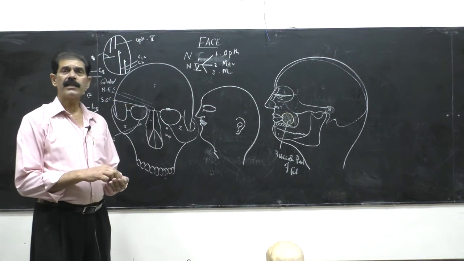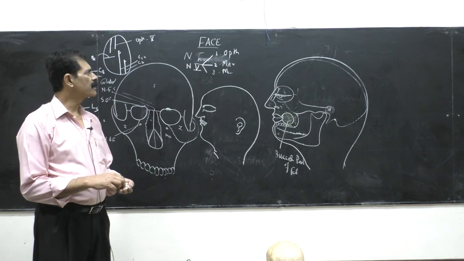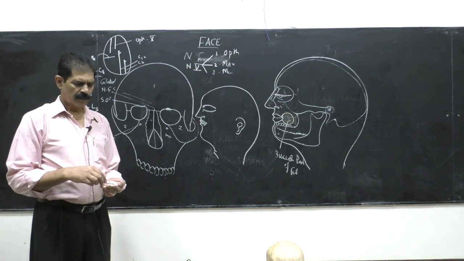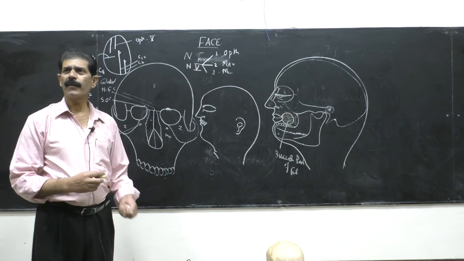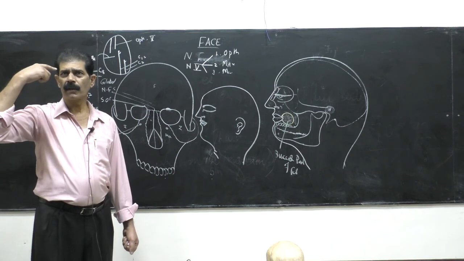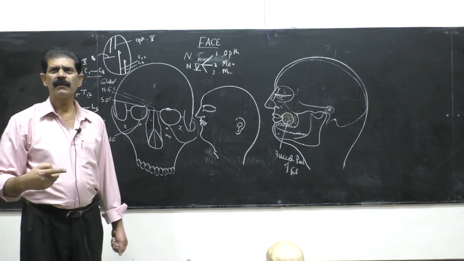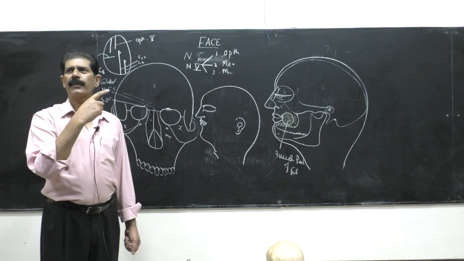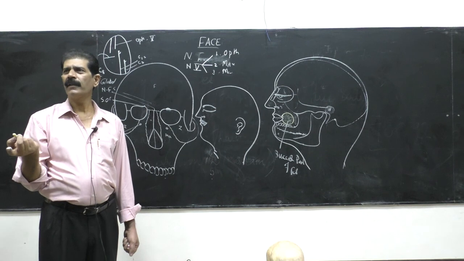Our skin is sensitive, so all 3 branches of the trigeminal nerve supply the skin of the face. First is the ophthalmic division. Ophthalmic relates to the ophthalmology department, the eye department. So the ophthalmic branch will supply the skin near the eye.